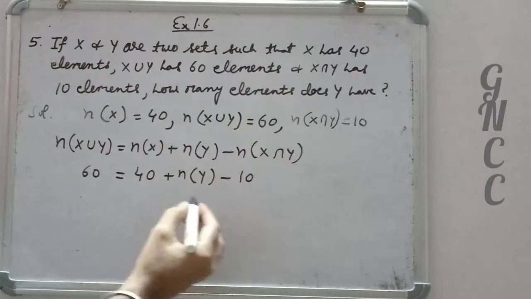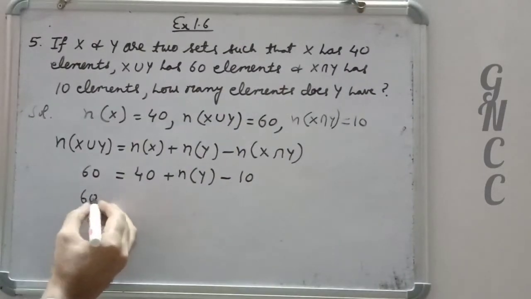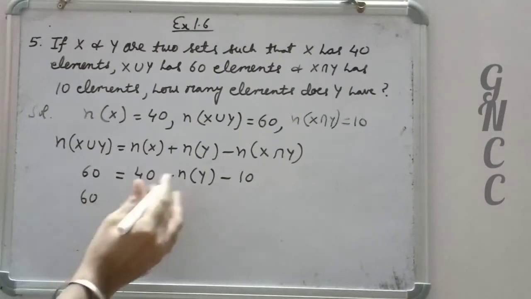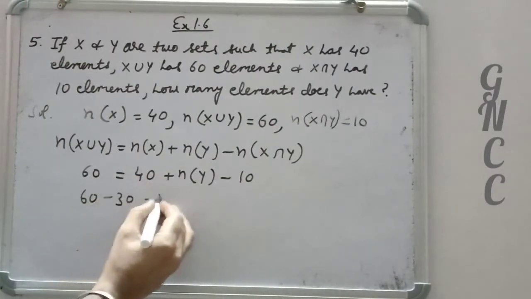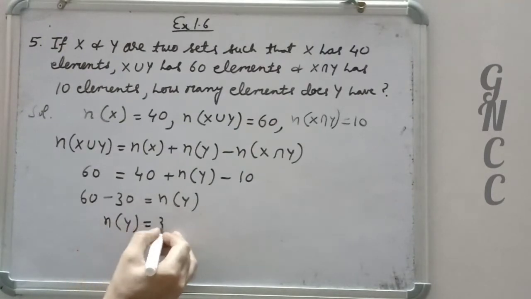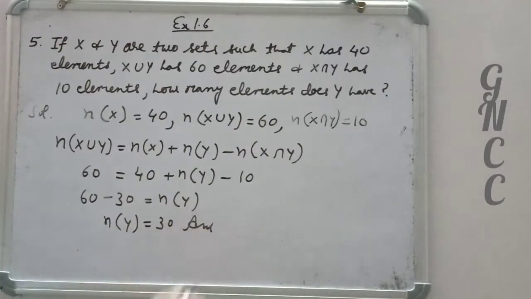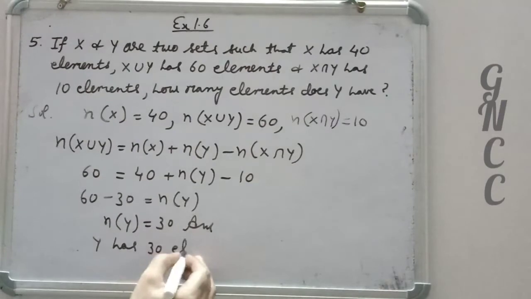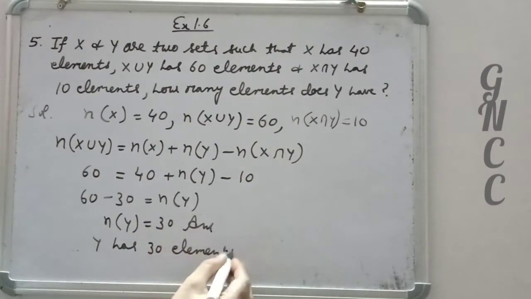This is 10. 60, this is 30, so 60 minus 30 equal to n(Y), so n(Y) equal to 30. This is the answer. So Y has 30 elements. This is the answer.